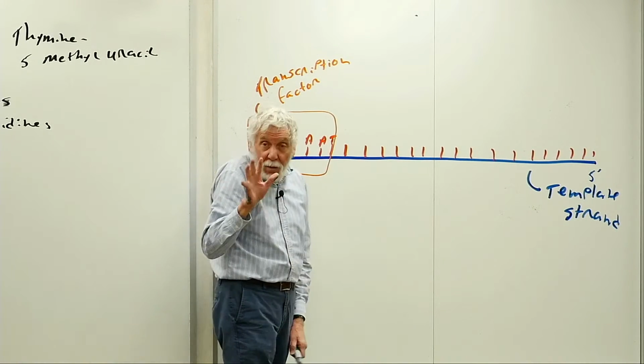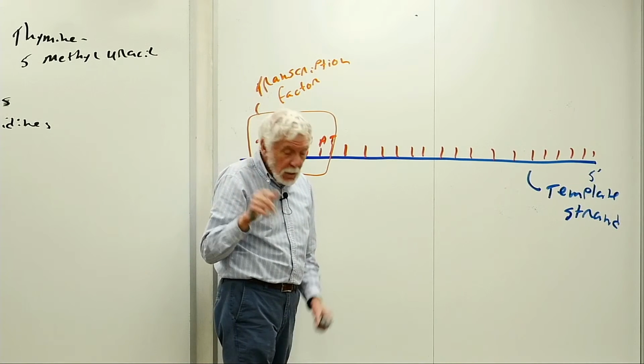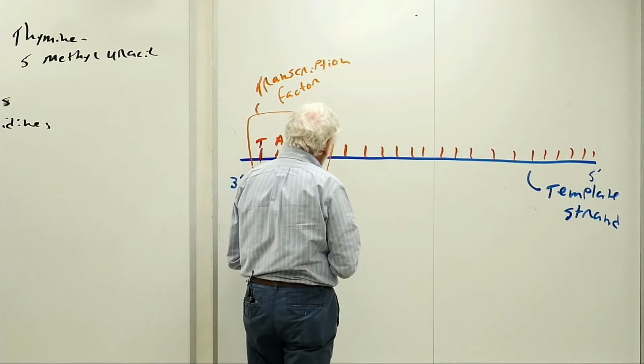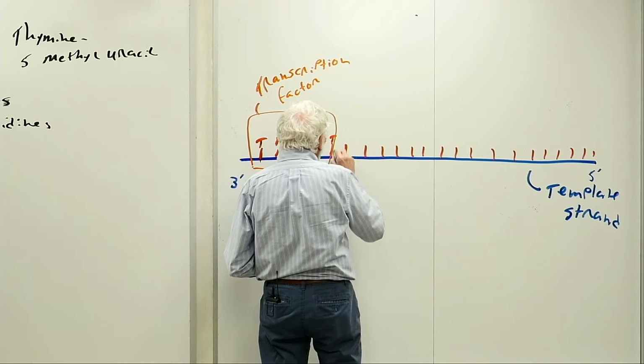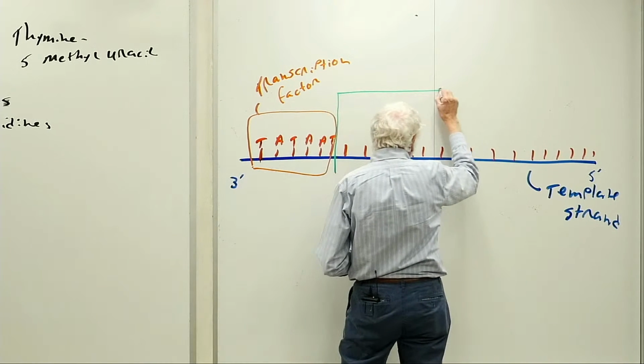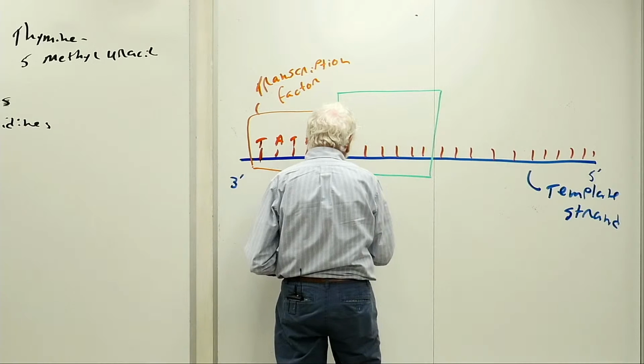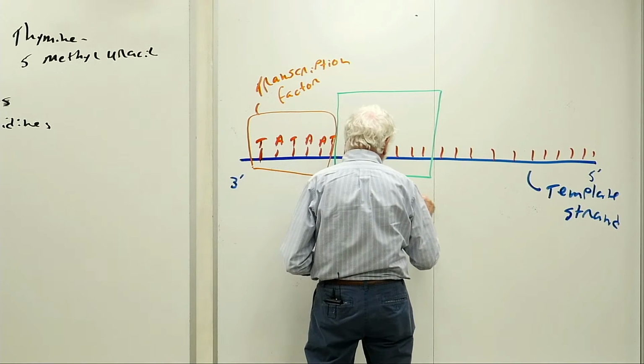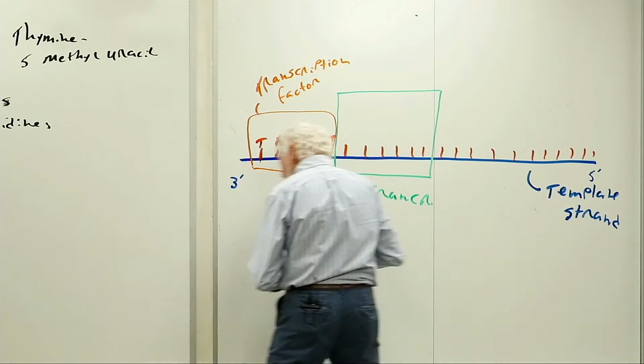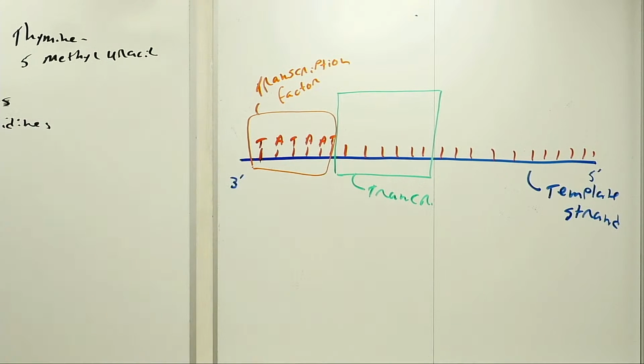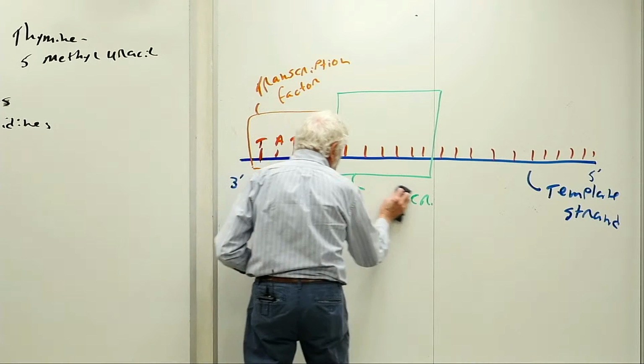That's not quite right, but for our purposes, it'll work fine. Because now we're going to take this green molecule, and I'm going to label that as the RNA polymerase.